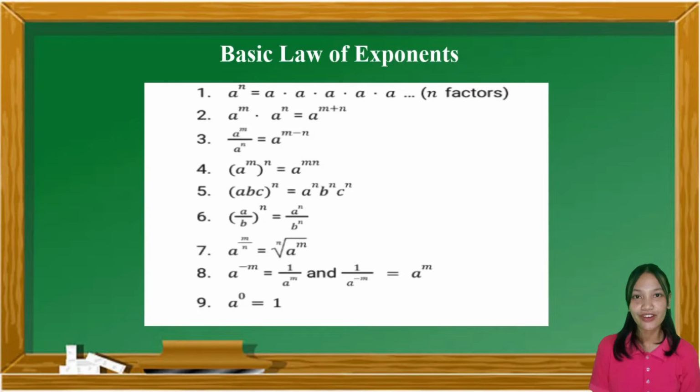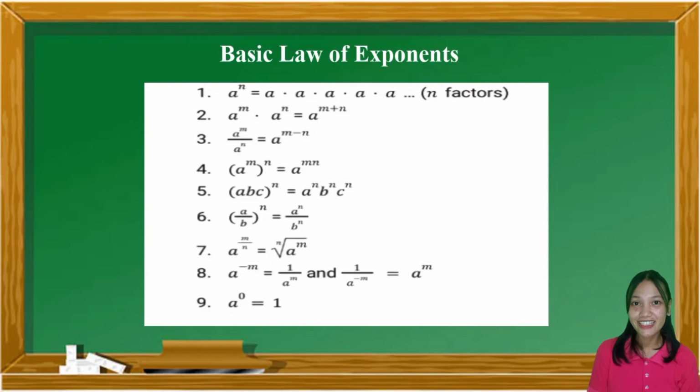In number 7, we must first know the fractional exponents for us to be familiar with the given law. So, a^(m/n) is equal to the nth root of a^m.